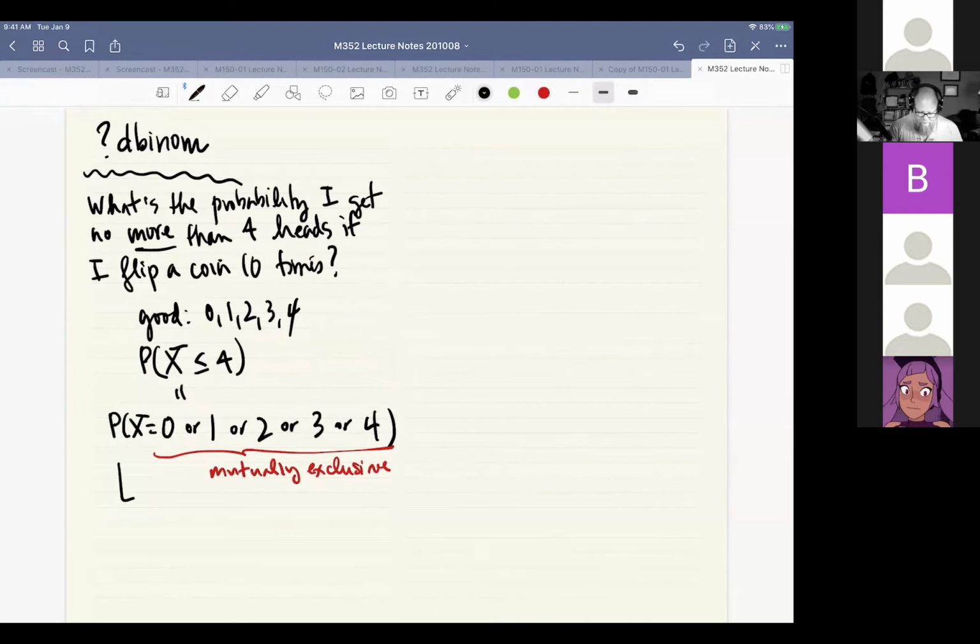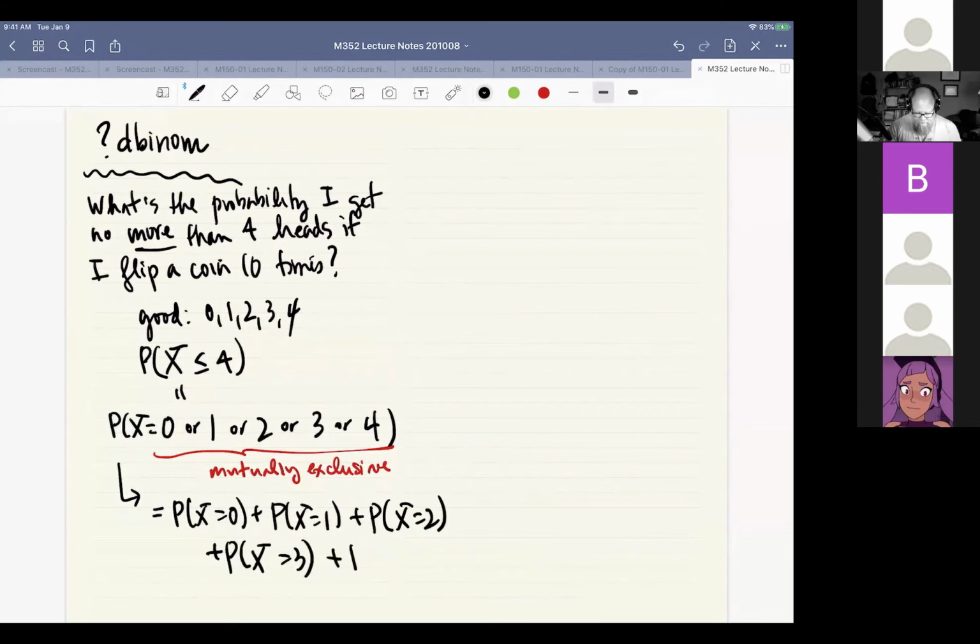So the laws of probability tell us that the probability that one of these happens is the probability that 0 happens plus the probability that 1 happens plus the probability that 2 happens plus the probability that 3 happens plus the probability that 4 happens. Okay? That is to say, it's the sum as k goes from 0 to 4 of the probability that k happens.